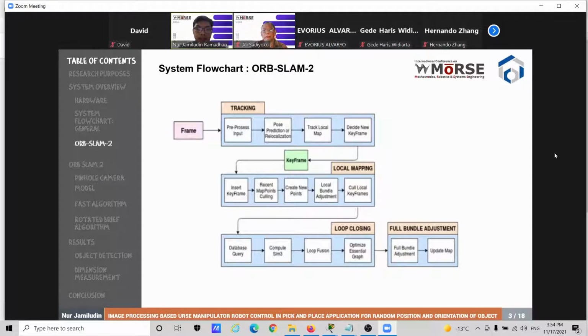A keyframe is the data that represents the point in the world environment. And then it will be executed by the local mapping algorithm and then the loop closing to create the map representation of the environment.